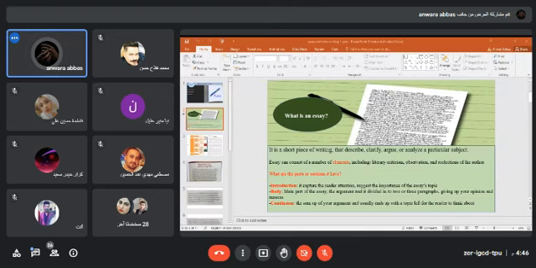Moving on to the conclusion. The conclusion is about ending up your essay. What is the final result? What is the summary of what you mentioned in the introduction and the body of your essay? So the conclusion is the last paragraph.